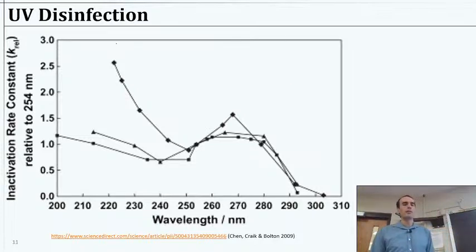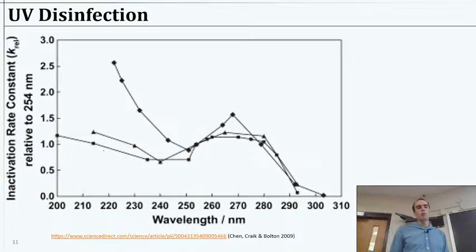And what they did was plot this relative to how effective 254 is. So the 254 light that was very common, I mentioned, that's right here. They're just saying, well, let's take that as our standard point, and say relative to that, how effective is other light?